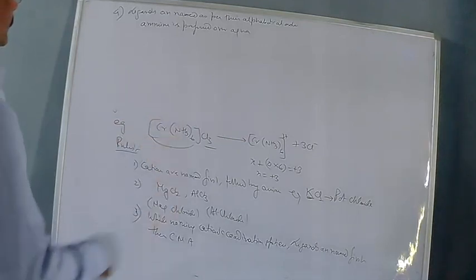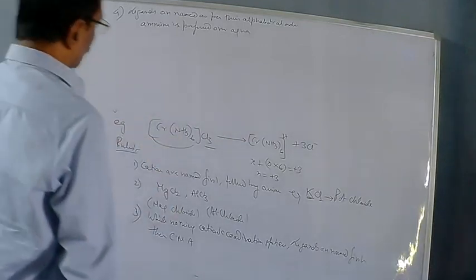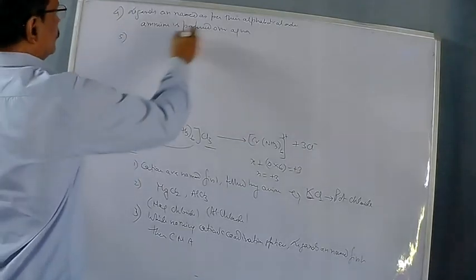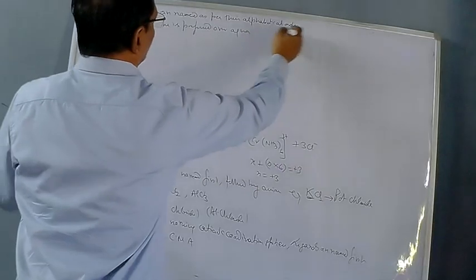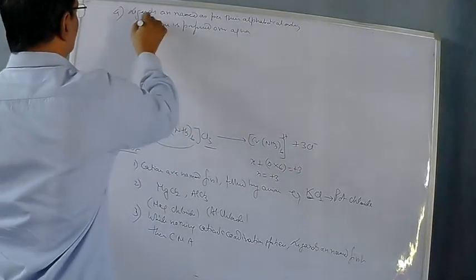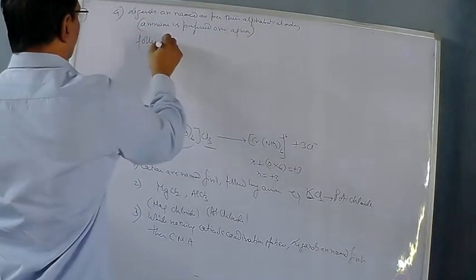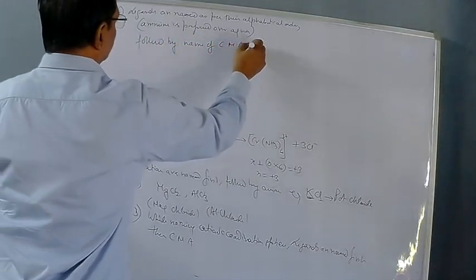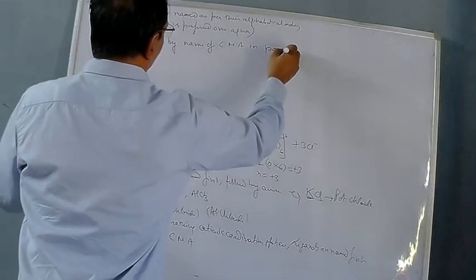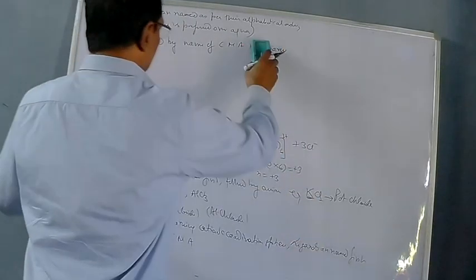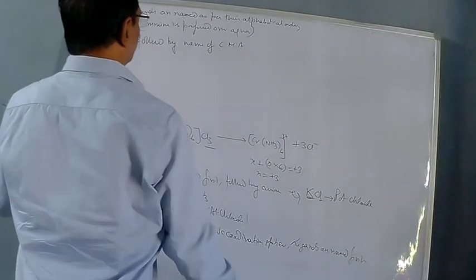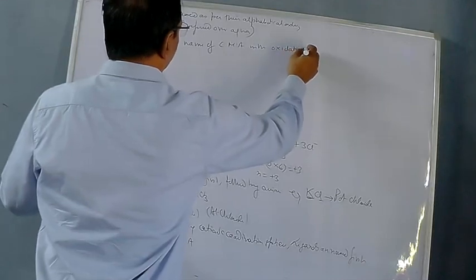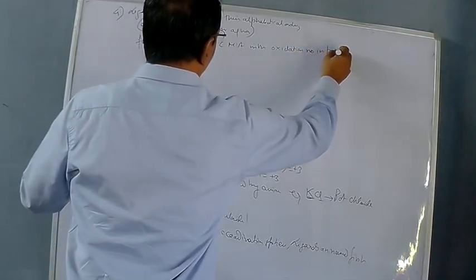So while writing their name, you should be following alphabetical order. Okay, we'll continue here only. Alphabetical order. This is a bracket followed by the name of central metal atom with oxidation number in parenthesis.